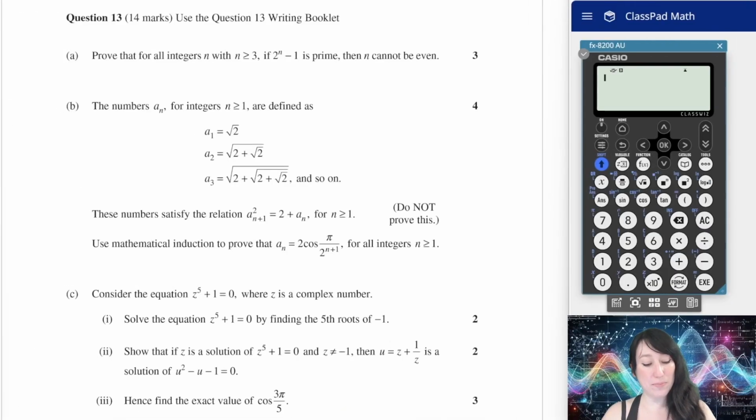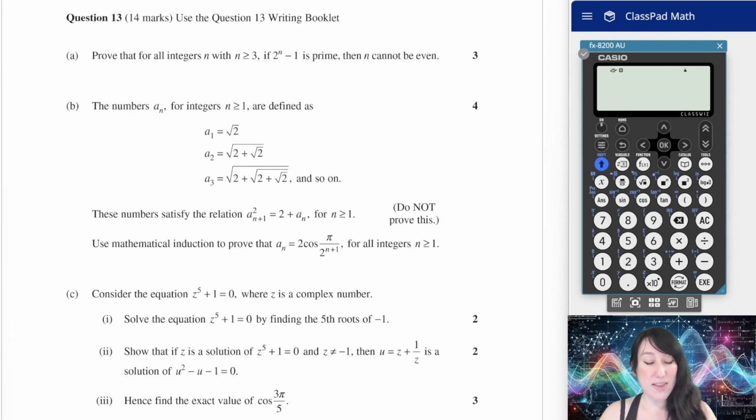Question 13b. The numbers a_n for integers n greater than or equal to 1 are defined as a1 is the square root of 2, a2 is the square root of 2 plus the square root of 2, all inside the square root, a3 is the square root of 2 plus the square root of 2 plus the square root of 2, all nested, and so on.